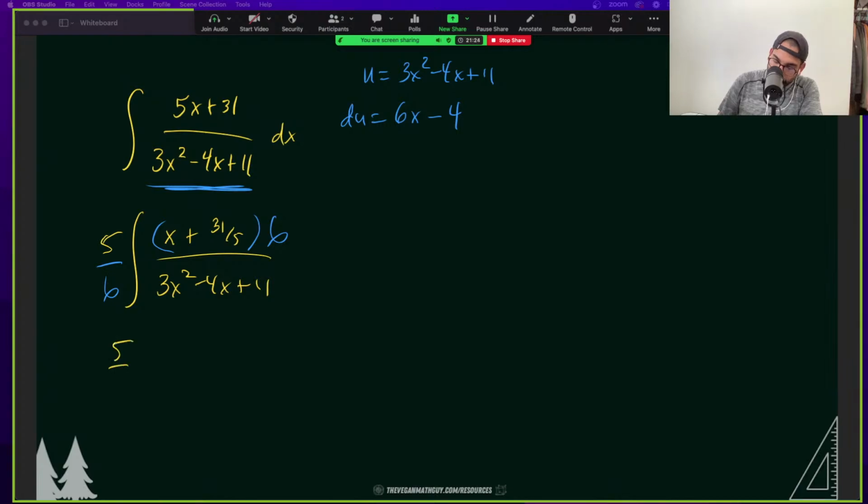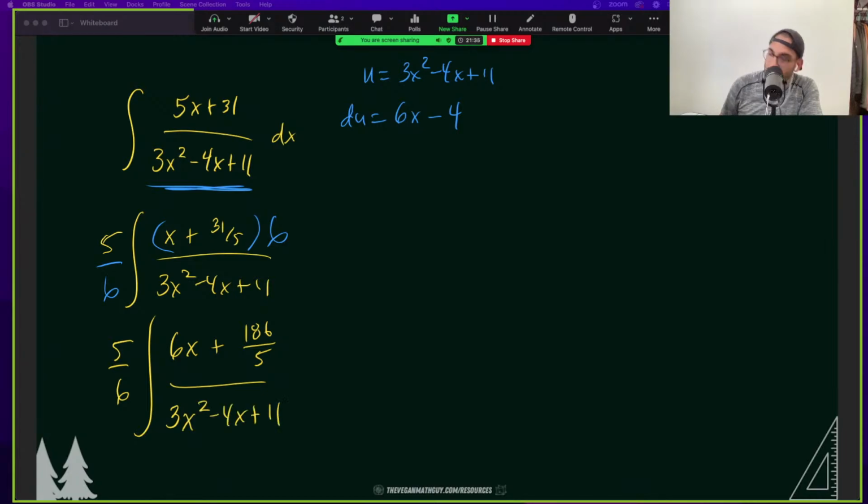And now we have 5/6, and then we have 6x plus 106 over 5. That number, let's not worry too much about it, but we're getting close, because the whole point was that our u was 3x squared minus 4x plus 11, and our du is 6x minus 4. We kind of have that 6x there. So now we want that minus 4, so I'm going to introduce a minus 4 in the numerator. But of course, I need to add a 4.